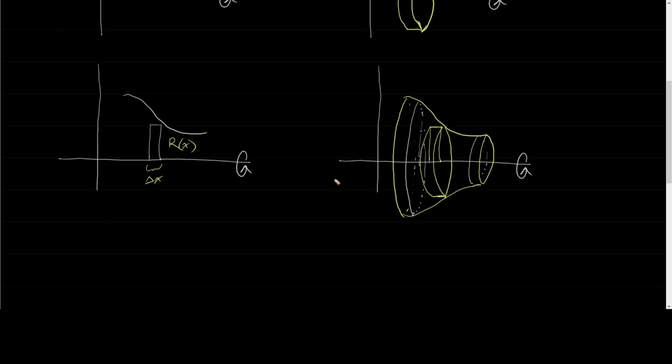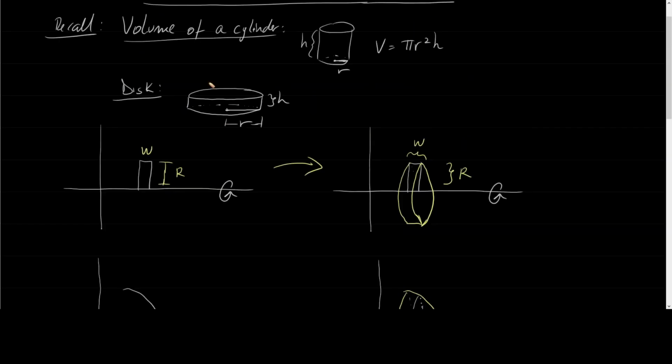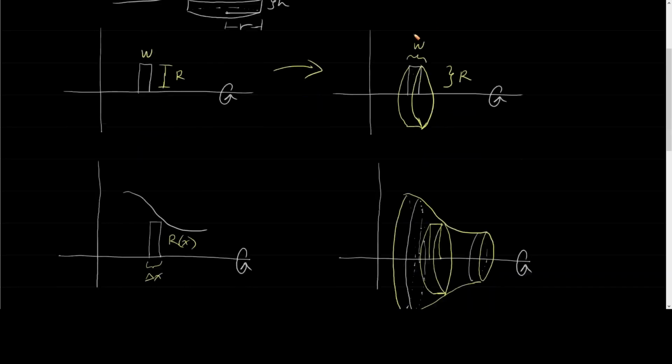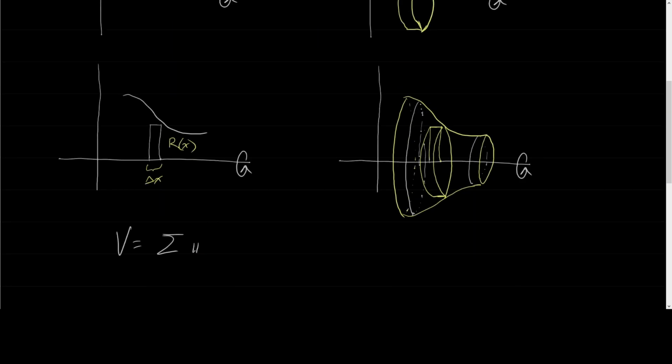Now, to figure out the entire volume of this, what we're going to do is add up each of these disks. So our volume is going to be the sum of a whole bunch of these disks. Each of these disks has its own volume, and we already know the formula for the volume of a disk: pi r squared times height. So we're adding pi r squared times height over and over again, for each of those disks.